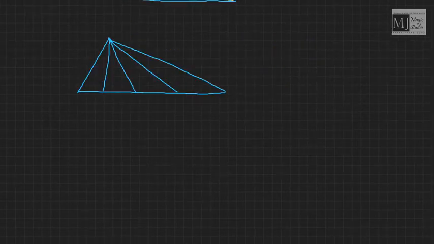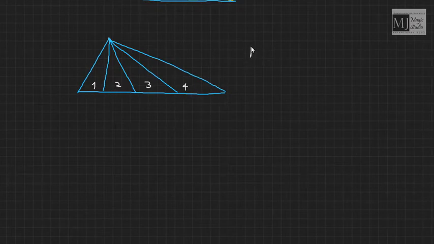Now see how to count. We will count the number of small triangles on the base and number them. This is 1, this is 2, this is 3 and this is the 4th smaller one. This is the first smaller one, second smaller one, third smaller one, 4th smaller one on this base.